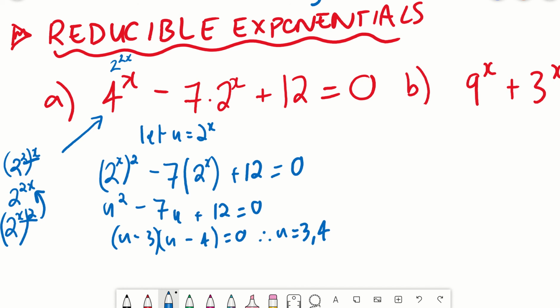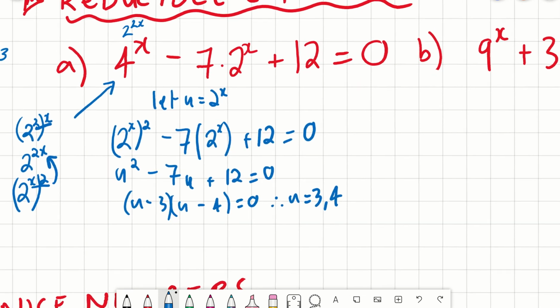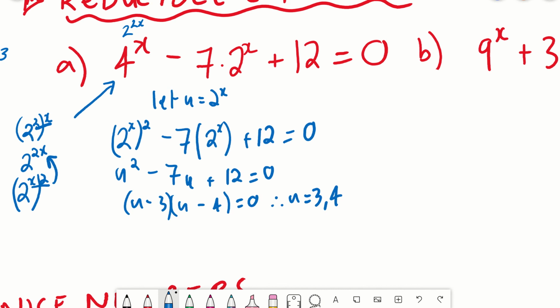But remember, which I didn't show you in that last flashback question, we don't want what u is, we want what x is. We come back to what we made our substitution. u was equal to 2 to the power of x. So now we have that 2 to the power of x is equal to 3, and 2 to the power of x is equal to 4.